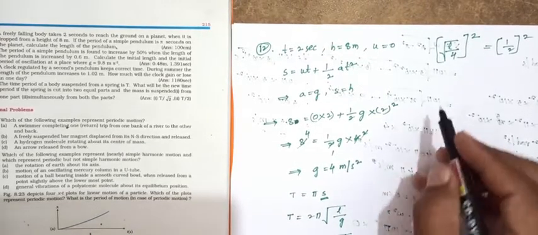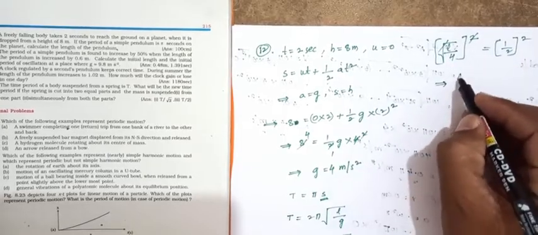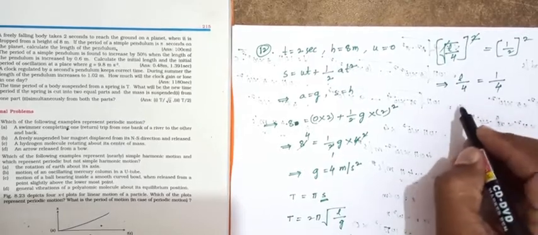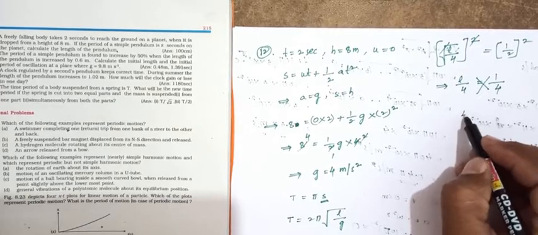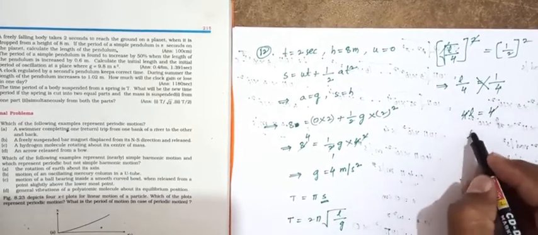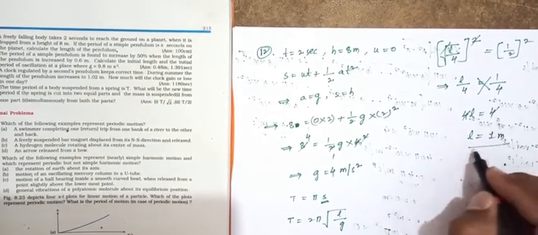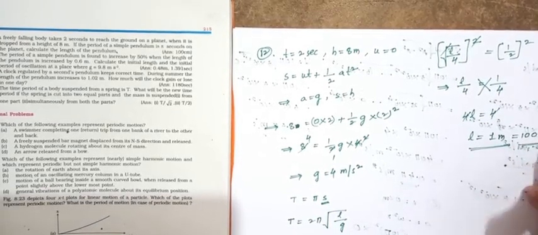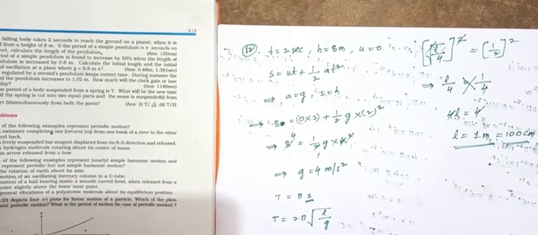That implies square and square root cancel, L by 4 equals 1 by 4. Cross multiplication, so here 4L equals 4. 4 gets cancelled, L equals 1 meter, that equals 100 centimeters. So this is the length of the pendulum on the planet.